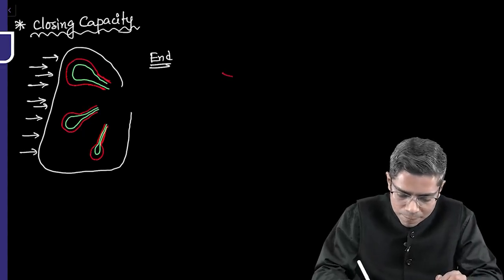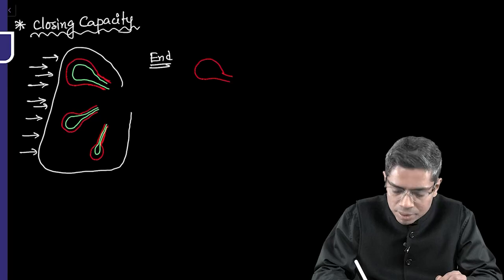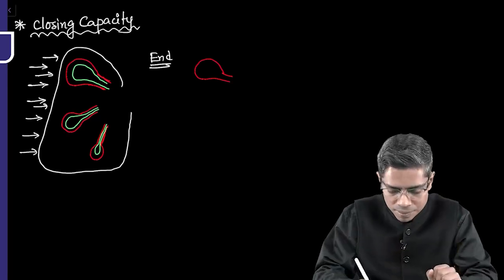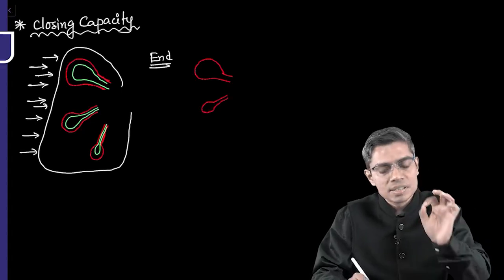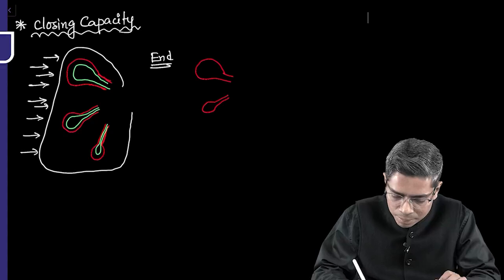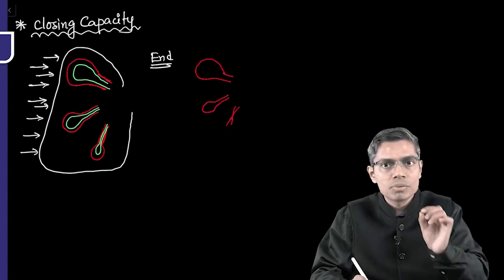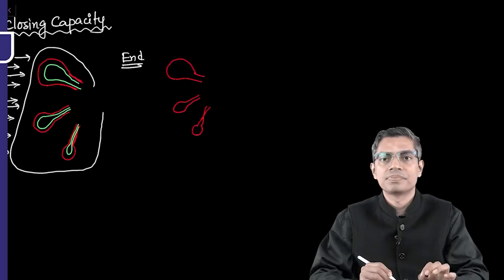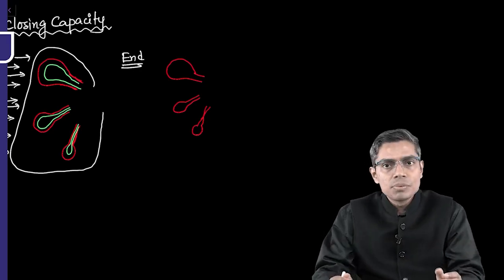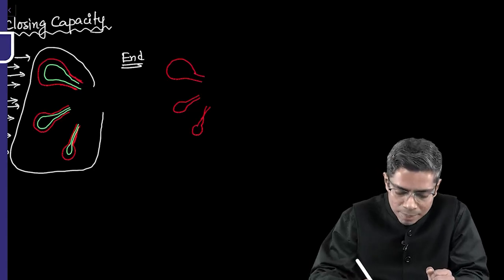If I draw this apical alveoli, it is still open, although the size has been reduced. This is the middle part alveoli. Its size is reduced, but it is still open. But if I look at the basal alveoli, the bronchiolar diameter is so reduced that the alveoli is almost closed, right?